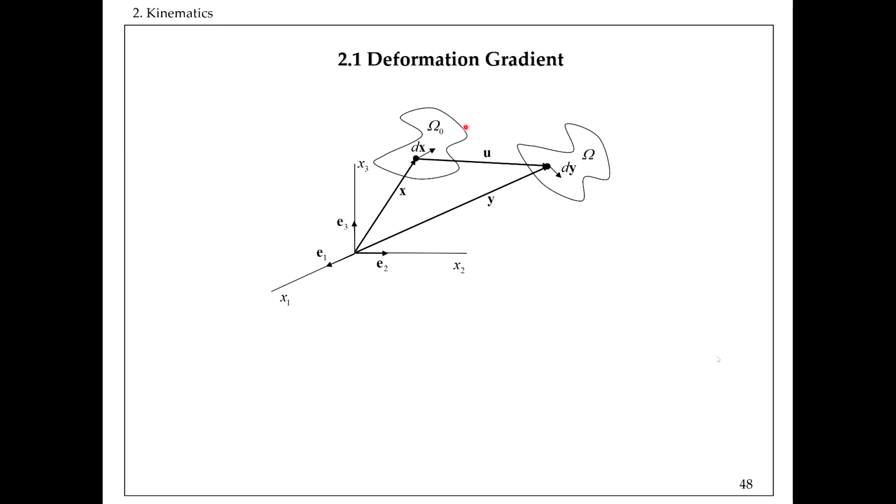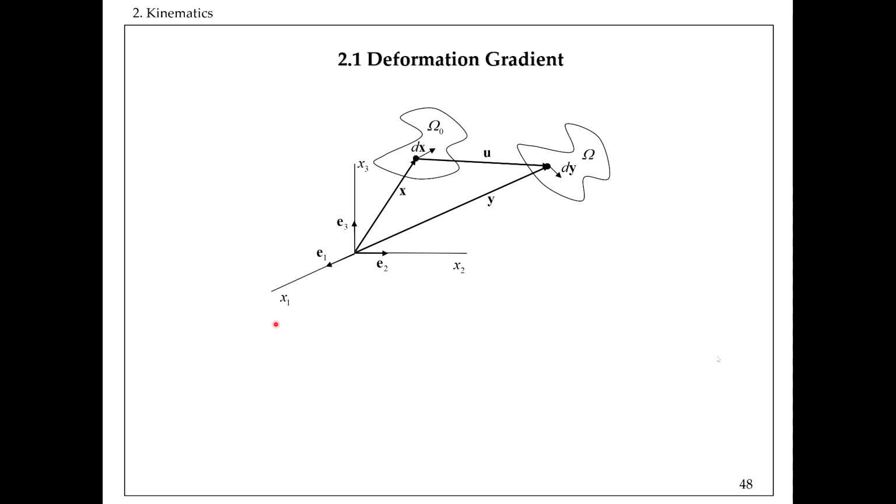That old configuration, the initial, reference or undeformed one, we call omega 0, and the current configuration we call omega without the 0, to differentiate between them. Of course there can be different notations; some in the literature would use, for example, B0 and B without the 0.